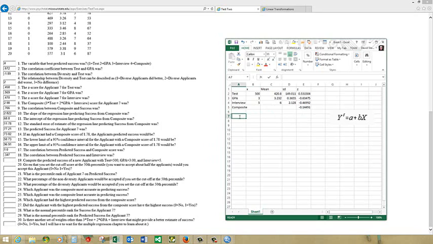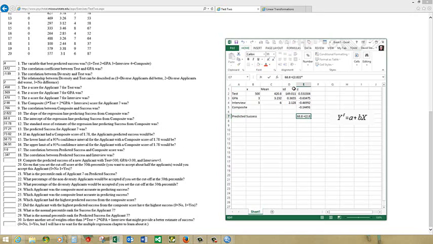We'll just put that down here. And that's going to be, going back up here, 68.8.